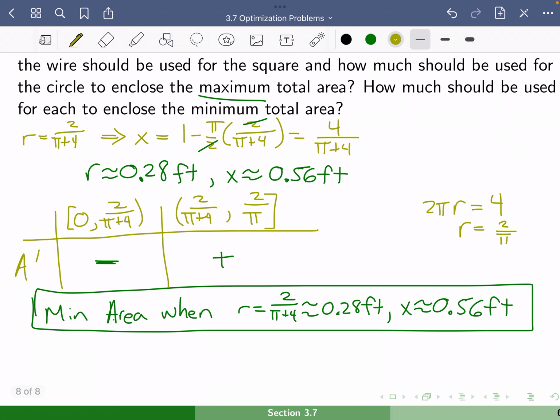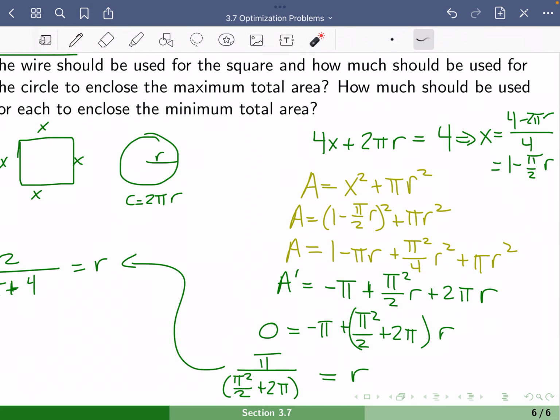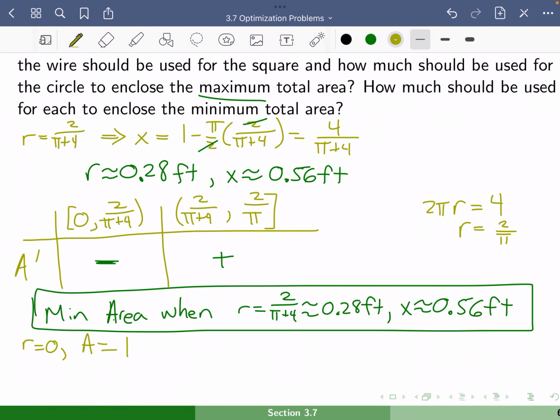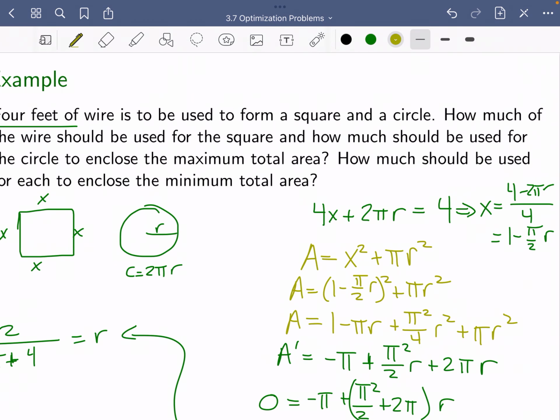So if it's all for the square, when r is 0, then our area is going to be all in the square. So if r is 0, then x is going to be 1, and that total area is 1. When r is 2 over pi, so it's all used in the circle, then your value of x is going to be 0.